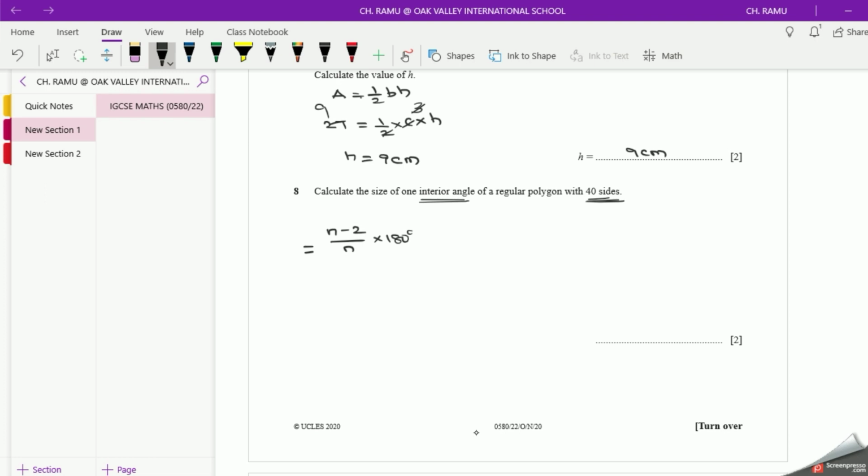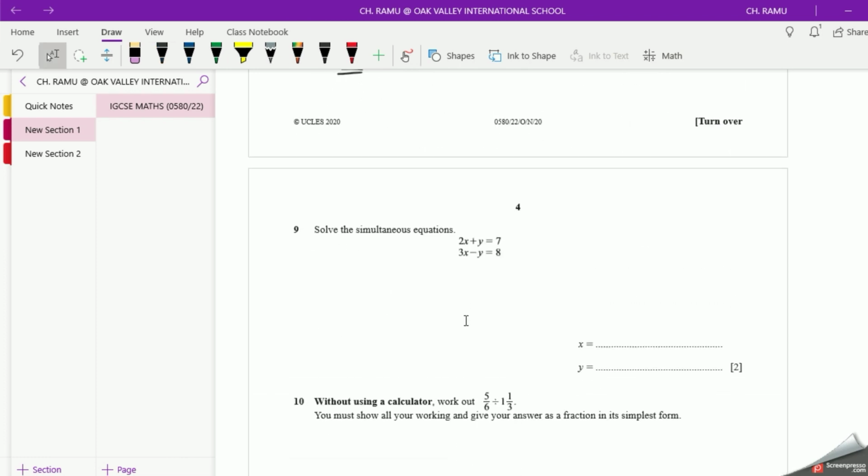The value of n is 40, so 40 minus 2 by 40 into 180 degrees. That is 38 into 9 by 2, which is 19 into 9, that is 171 degrees.